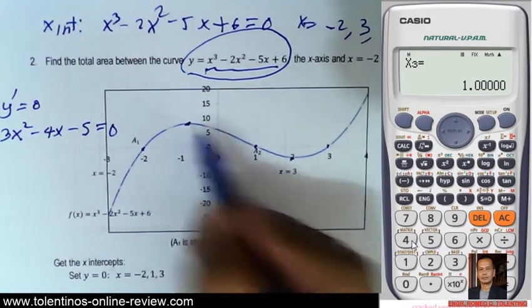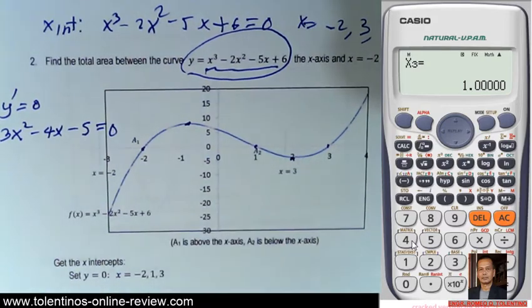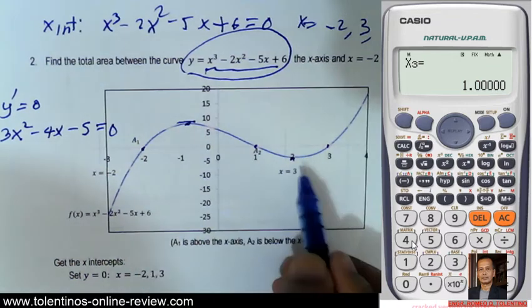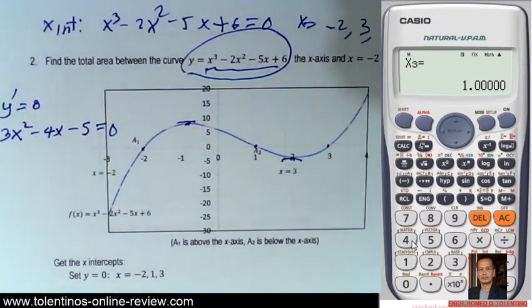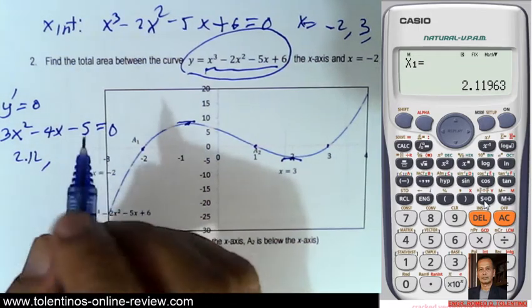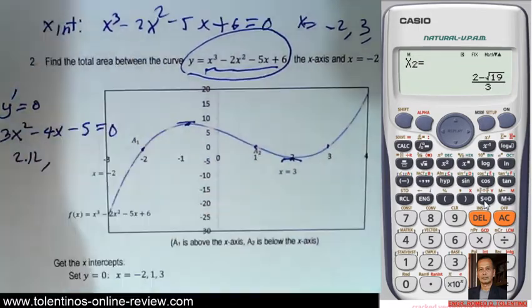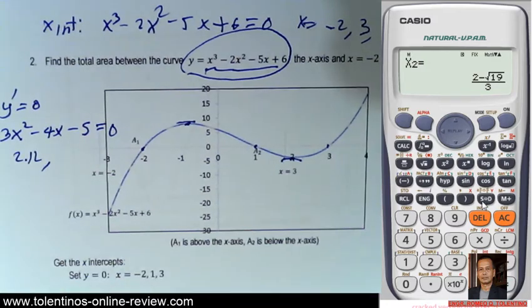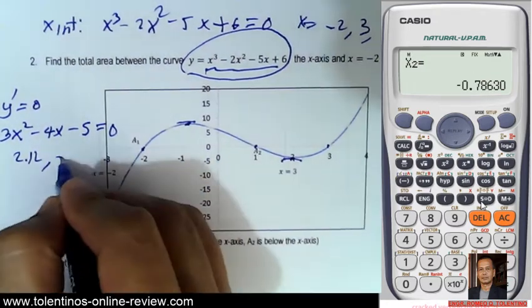In order for me to locate these particular points, these are the critical points whose tangent lines are 0. Okay, so go to mode 3 of your calculator and input 3, negative 4, and negative 5. You see the roots are 2.12, and the other root is negative 0.786.